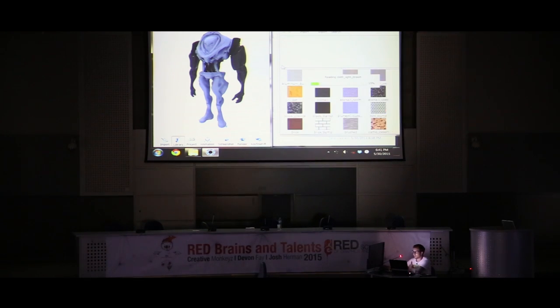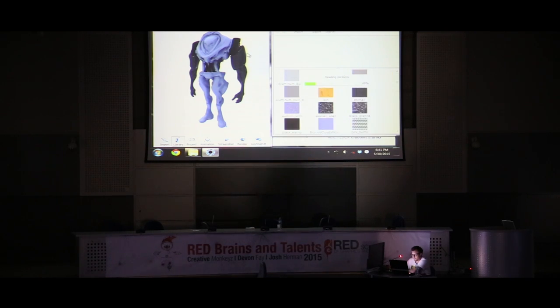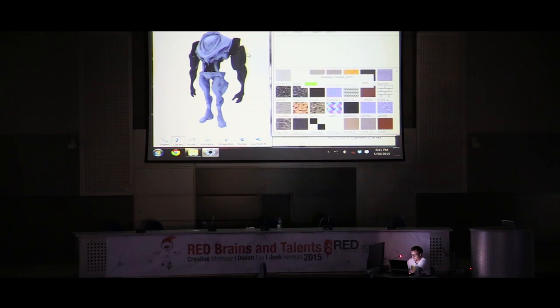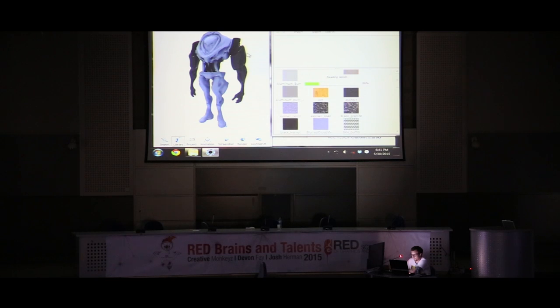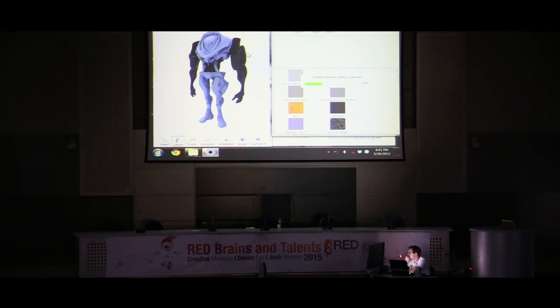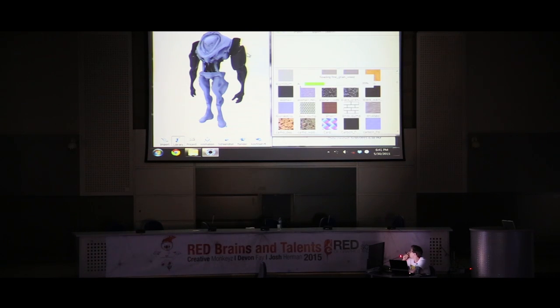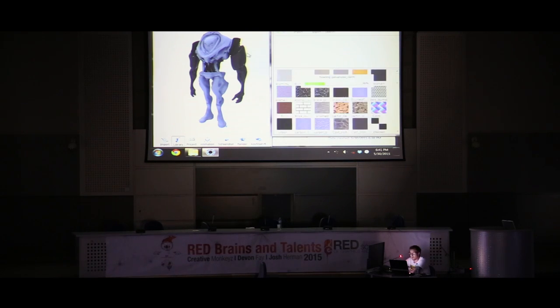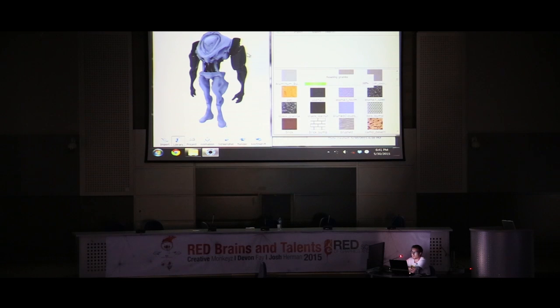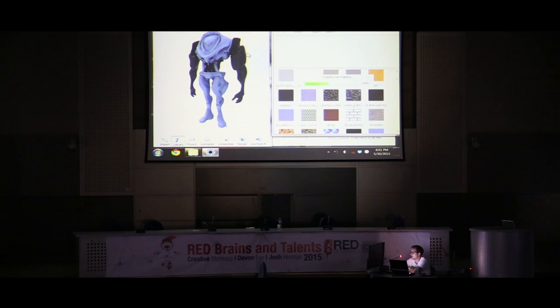I actually hit the wrong button, so I was trying to load a bunch of textures. Oops. But basically what this program does is it has a bunch of pre-made materials that I can drag and put on, and pre-made lighting scenarios that I can drag and put in here, and it will render them accordingly.